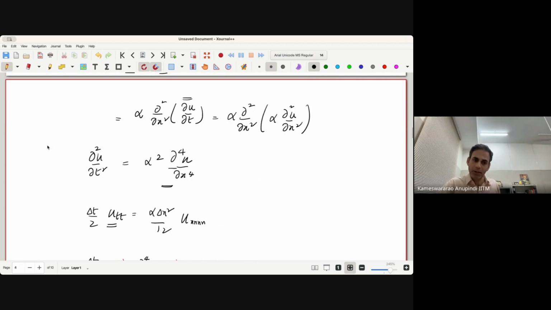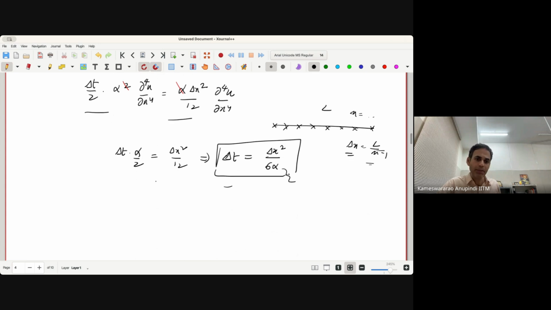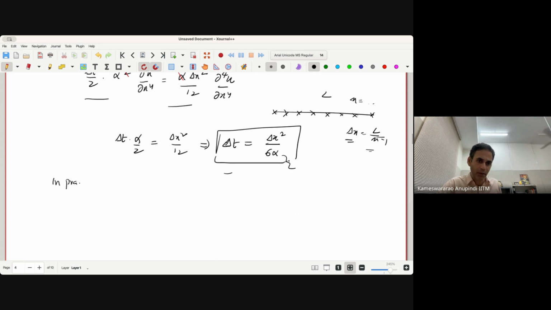But then actually this is not quite nice, because in practice the value of delta t will come out to be too small to be used, because you are already dealing with delta x being small, and then the square of that is even smaller, and then you are dividing with 6 alpha and all those things. So as a result, delta t will become prohibitively small, and we won't be able to actually use it in this sense for bigger problems. Okay, for simple one-dimensional problems, we might be able to use it.